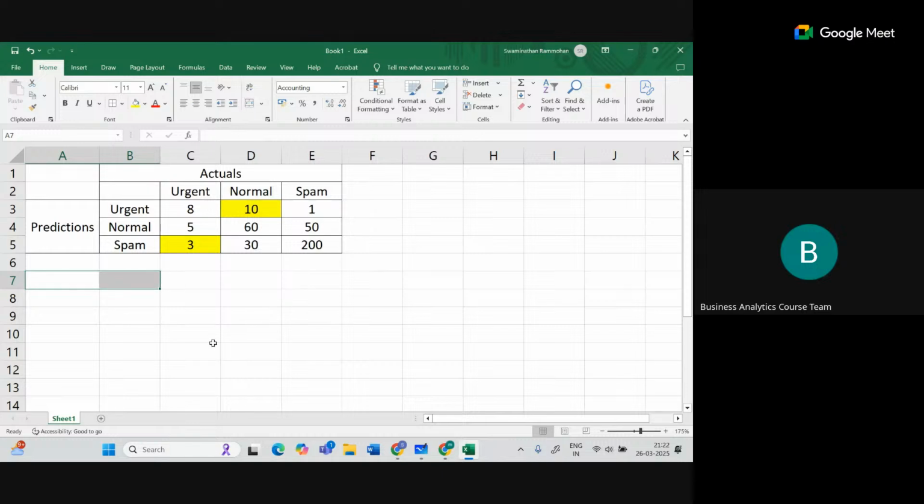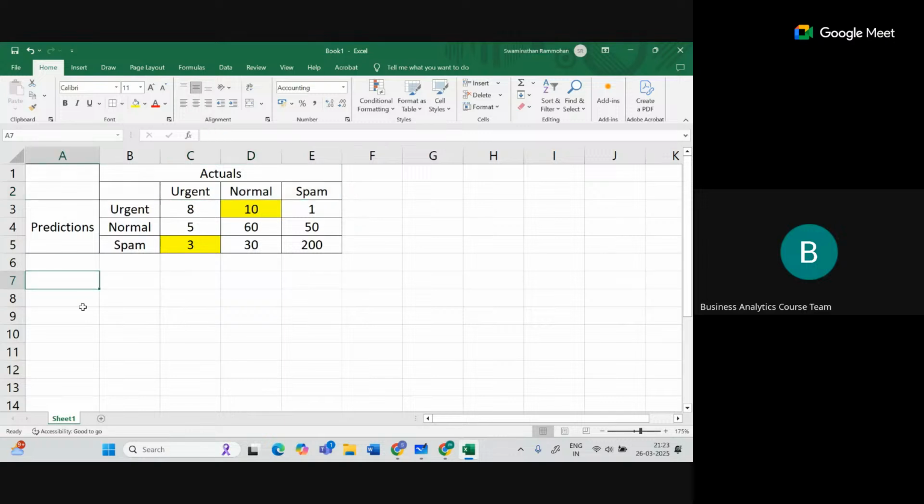Now our task is to compute precision of urgent, normal, and spam for all the levels. First, let us do it for urgent. As usual, I'm going to take the rows as predictions and columns as actuals.